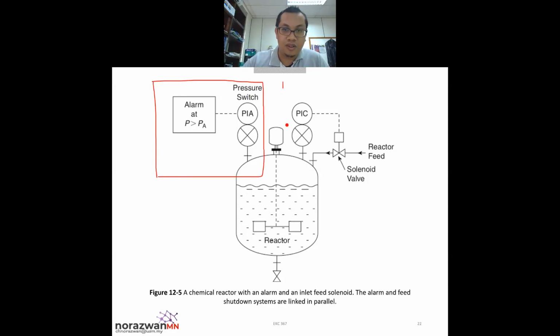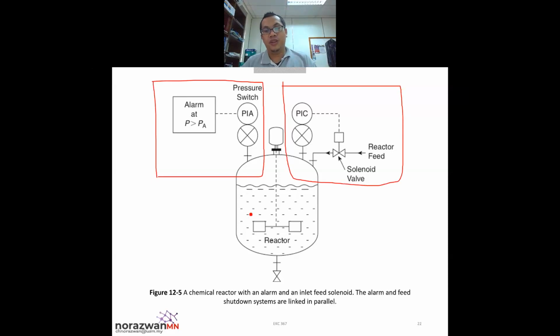Then you have your shutdown system inside the reactor. So the question asks about mu, R, P, and also MTBF. Can you calculate and give me the answer? Who got first? What is the answer for mu?